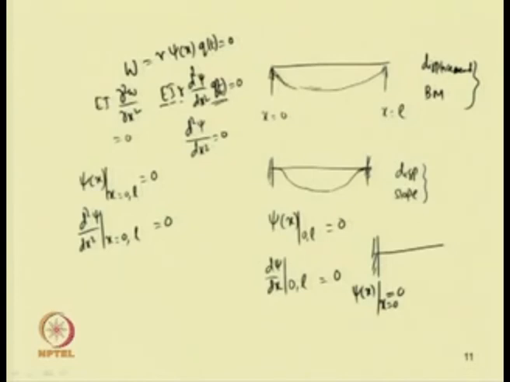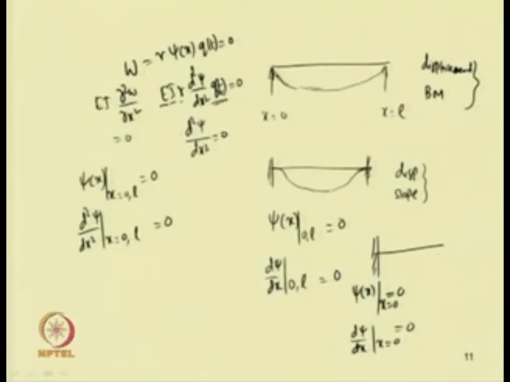Also, the slope will be equal to 0, which means d psi by dx at x equal to 0 equals 0. But at the free end, one can have both bending moment and shear force equal to 0.